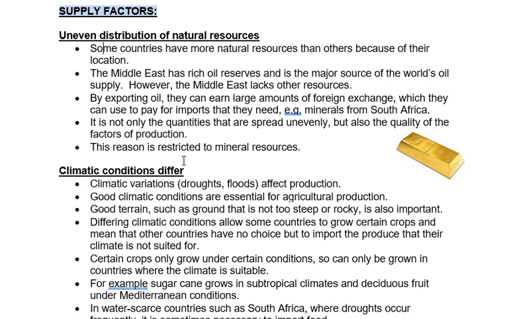Now what I've explained is the uneven distribution of natural resources in terms of quantity: some countries have a lot, other countries have less. But it's also distributed unequally in terms of quality. South Africa might have better quality coal than another country, so other countries that have coal of their own might still be importing coal from South Africa because the quality of our coal is so much better.